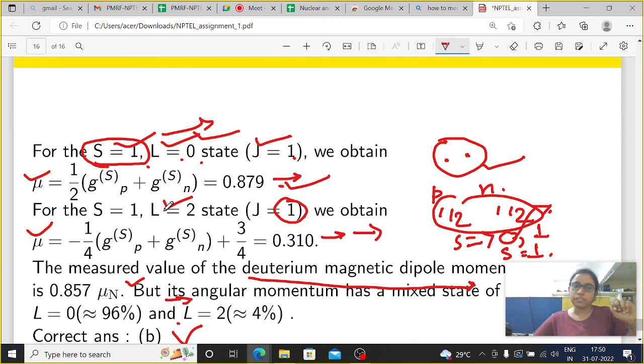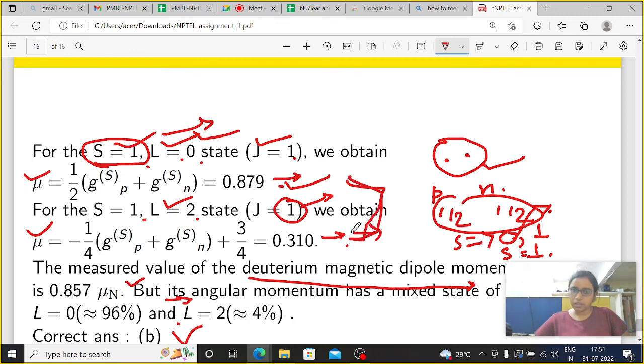But in the other configuration, L equals 2 and S equals 1, with J also equal to 1, we get mu as 0.310.